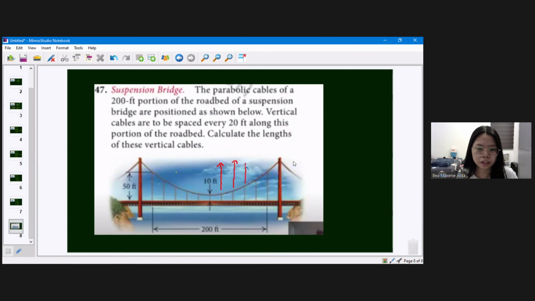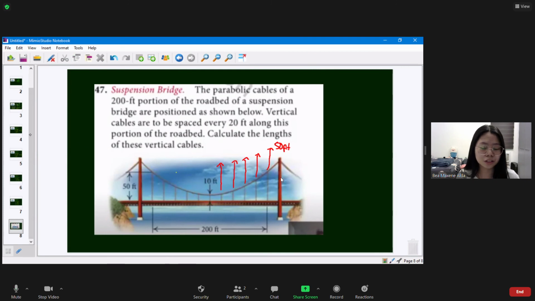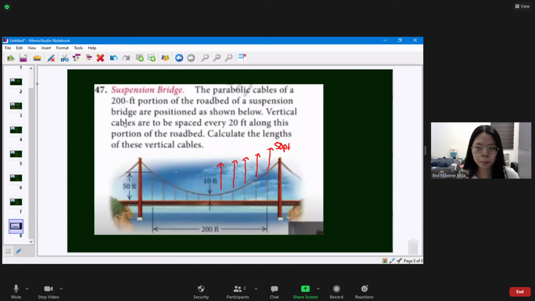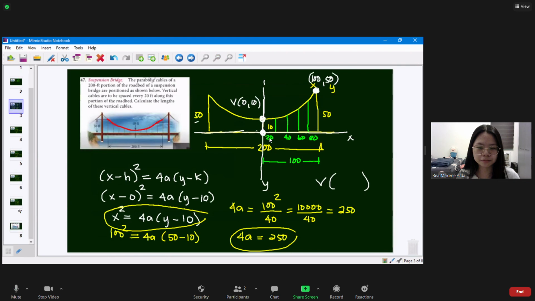So, syempre, naglagay tayo ng origin, tas naghanap-hanap tayo ng mga coordinates. Ayun, yung 150 sa kanan, tas yung vertex, all that. And then, of course, we had to find the equation of the parabola. And then, after that, it's all just easy peasy.